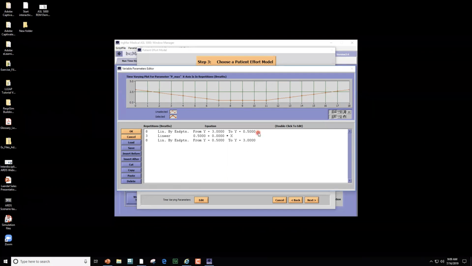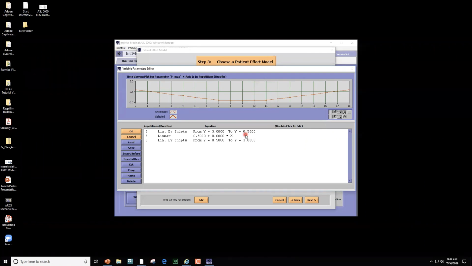As you can see here, we decrease the peak of the effort from 3, that would be the starting point, and then we go down to a very, very small effort, which we would expect the ventilator not to notice anymore as a patient effort, which is only 1/2 centimeter of water.